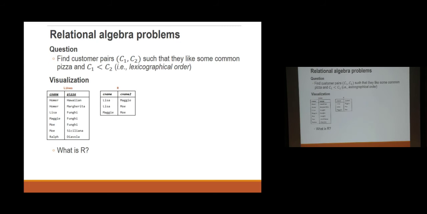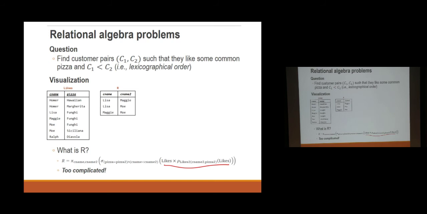So how do you get R? Well, first you need to cross product likes with likes. So now you get double the likes, and then you can select everything such that they have the same like. Right?